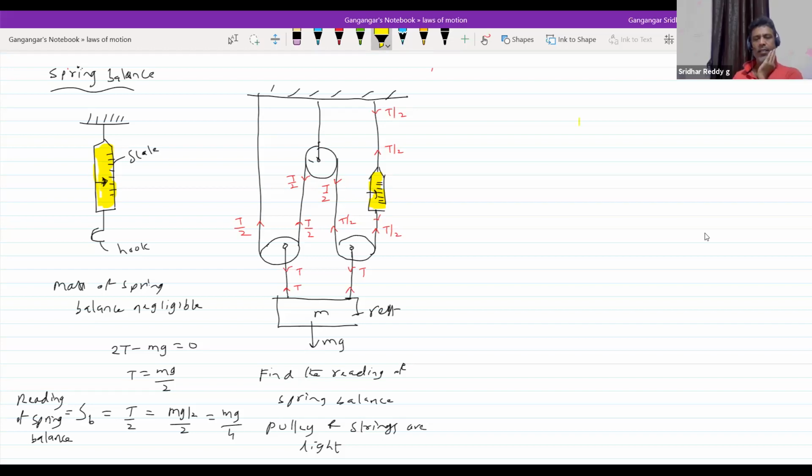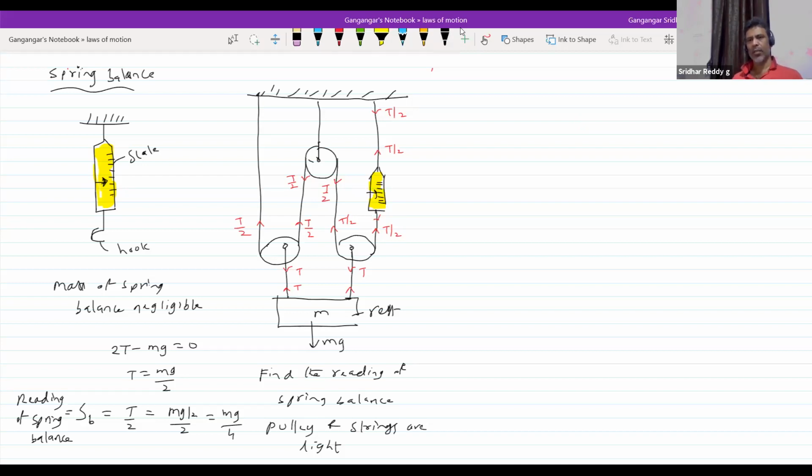Fine. These are some simple problems, just some idea-based ones, nothing else. I can connect the spring balance wherever I want. So what you should do is work out the rope which is connected to the spring balance. What is the tension in the rope? That should be the reading of the spring balance. Are you getting my point, which I'm stressing?